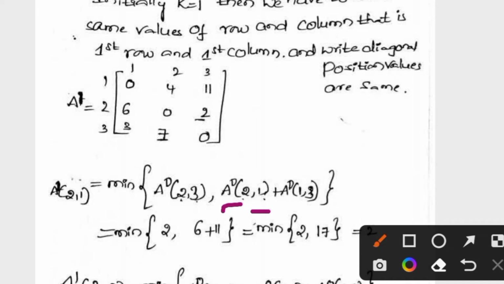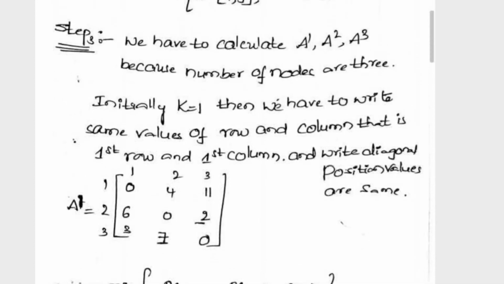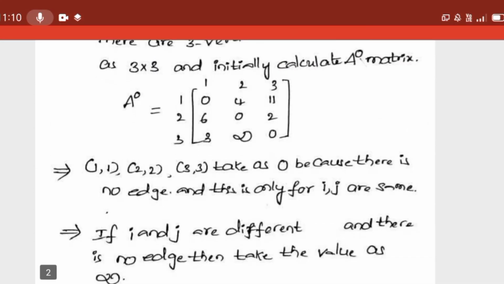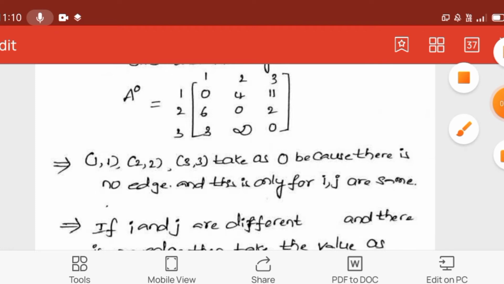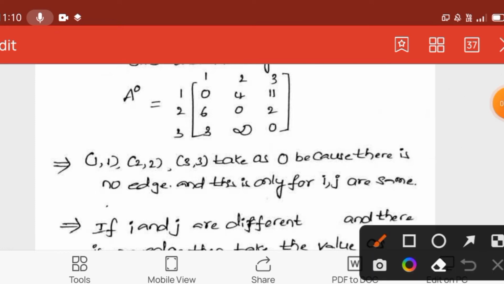So A power 0 of k comma j, that is 1 comma 3. From the A power 0 matrix, the 2 comma 3 value is 2.